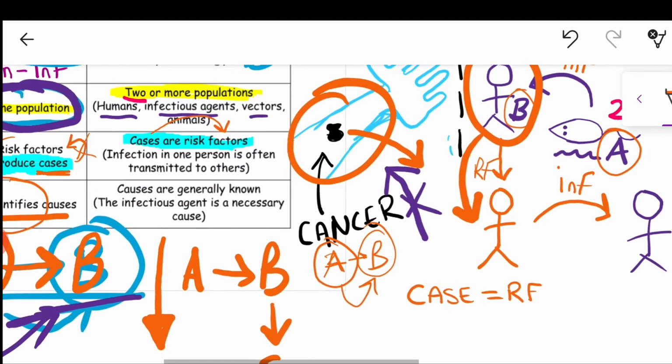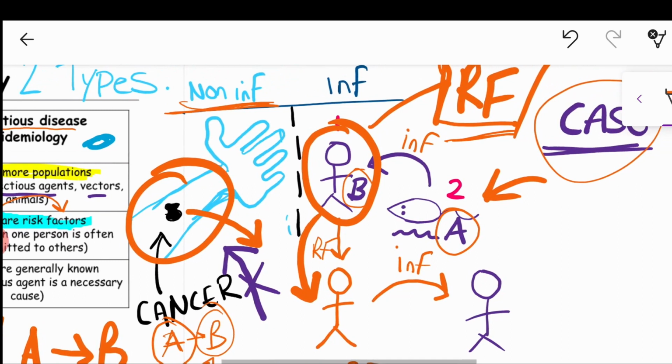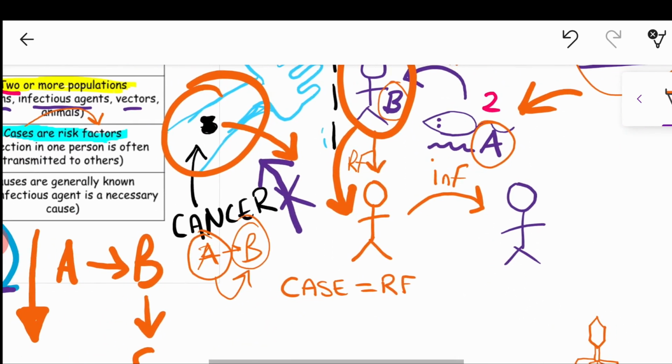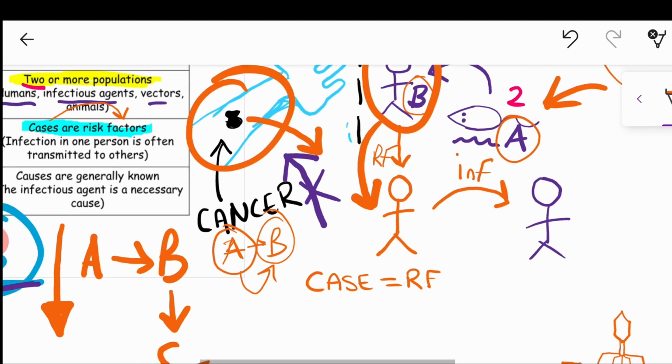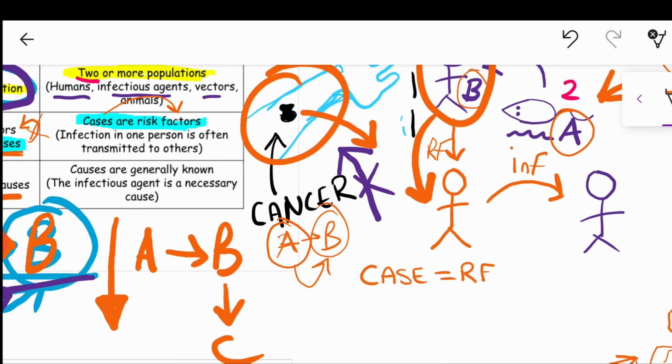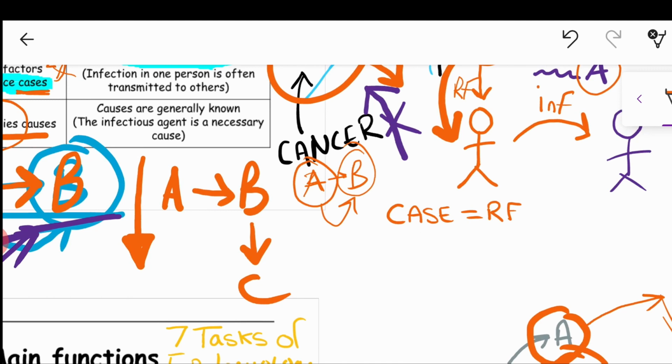And now with this risk factor, they are generally not known, right? There are usually multiple reasons. It's not a simple A causes B, but A can cause B, which causes C, or it could be D, which causes B, which causes C, E, which causes B, which causes C. There could be different reasons why we get C. All right.